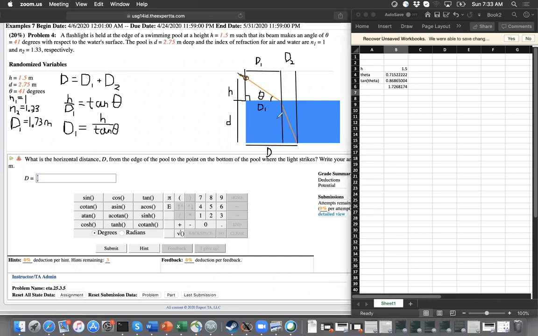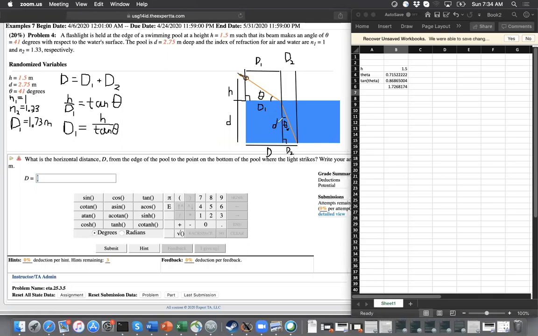We know what this distance is, it's D. This length here is D2. And this is another right triangle. So we can figure out what D2 is in terms of D if we knew this angle, which I'm going to call theta W because it's in the water. Call it theta pool if you want to.